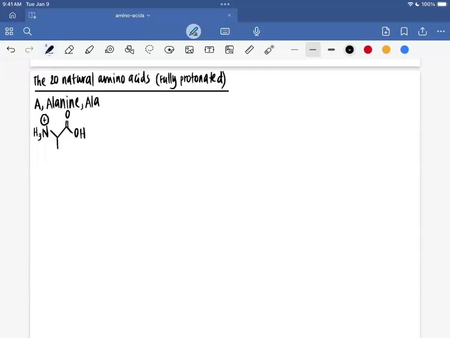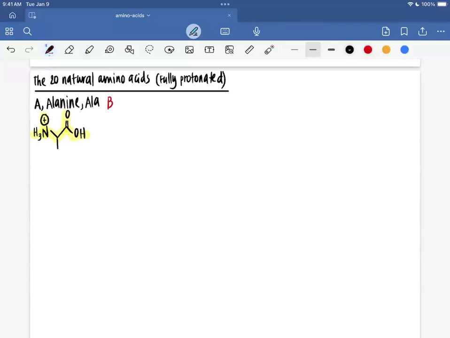And so using our Greek alphabet, we had the C alpha here, so that makes the methyl carbon the C beta. I just want to take one moment here to highlight the backbone that I'm going to be reproducing over and over again throughout this video, just to emphasize that this is shared across all of the unique amino acids.